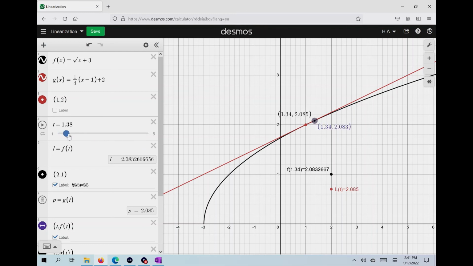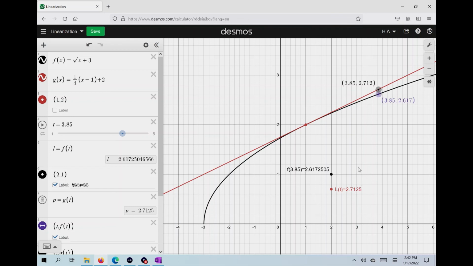Now, if we push it a little bit forward, let's say where my x value is 3.85, the value of my square root function is about 2.617, and my value for the line is 2.712, 2.713, right?